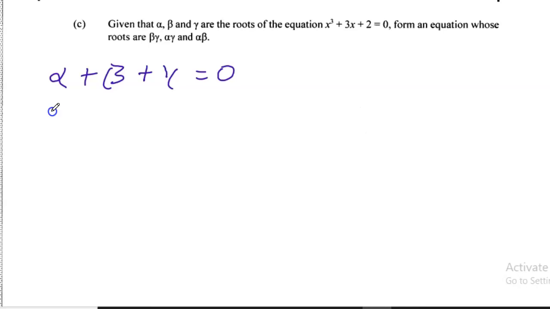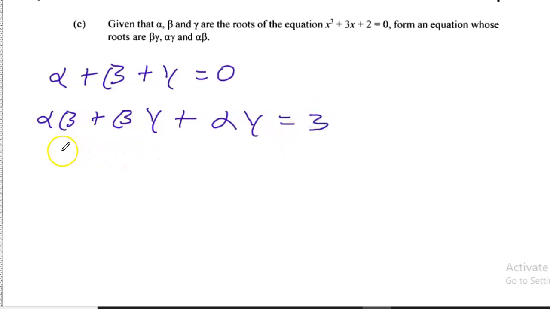The sum of the products, which is alpha beta plus beta gamma plus alpha gamma, the sum of the products would be c over a. Now c is the coefficient of the x, which is positive 3, right? A is 1, so 3 over 1, which is 3.